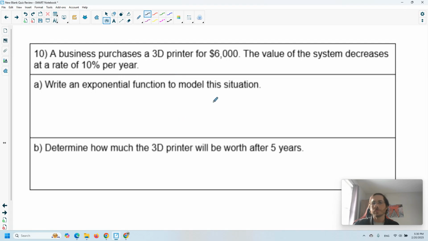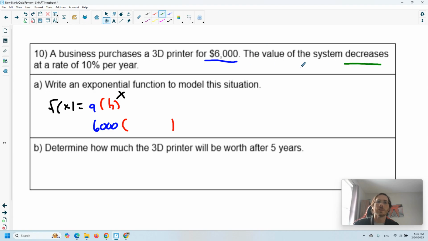For 10, very similar. So we have to do an exponential function. So f of x equals a times b to the x power. Then we need to plug everything in. So again, our starting value, we're buying it for 6,000. And this time we have to look to see if we're increasing or decreasing.